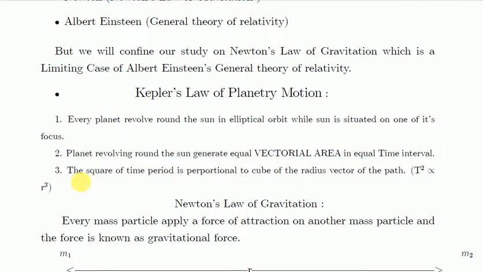Third, the square of the time period is proportional to the cube of the radius vector of the path. T square is proportional to r cube. Newton's laws of gravitation. Here it is, Newton's laws of gravitation.